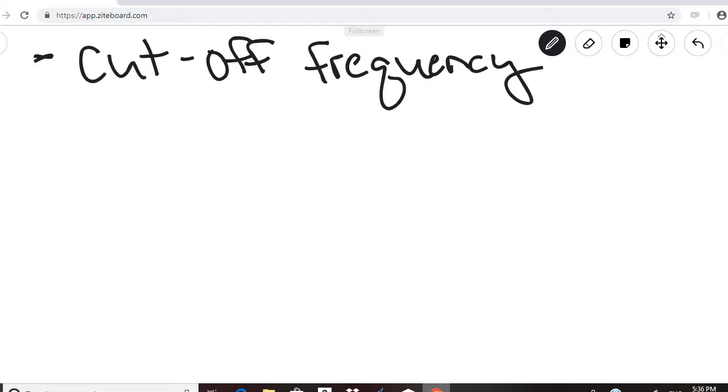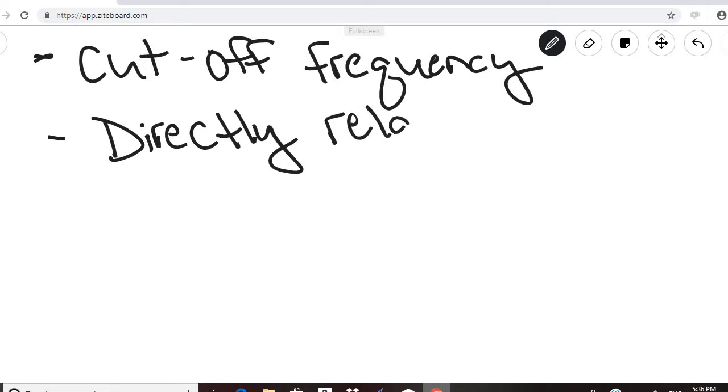And then lastly, the amount of energy the electrons had when they were emitted from the metal was directly related to the frequency of the light and not to the intensity of the light.